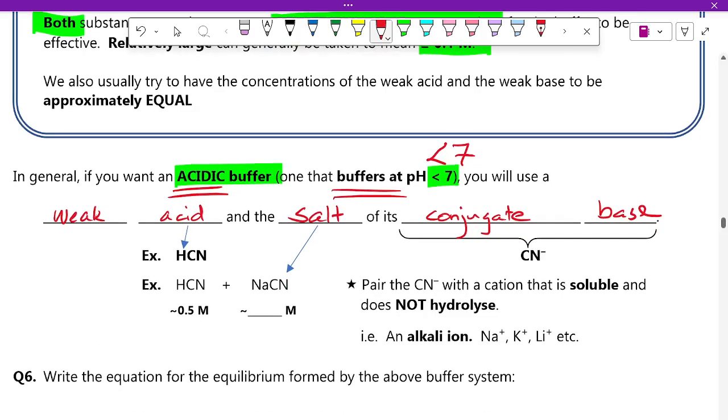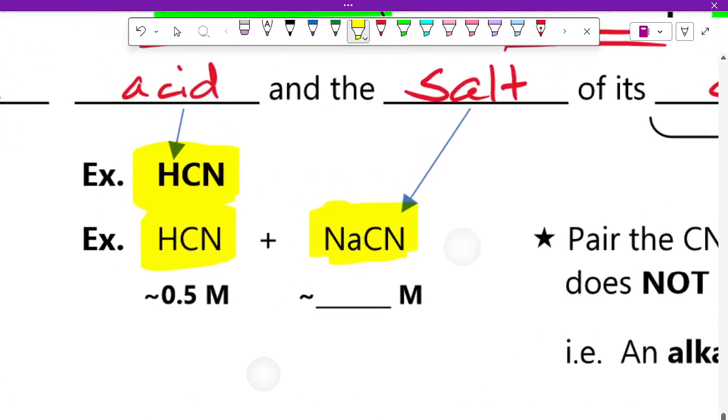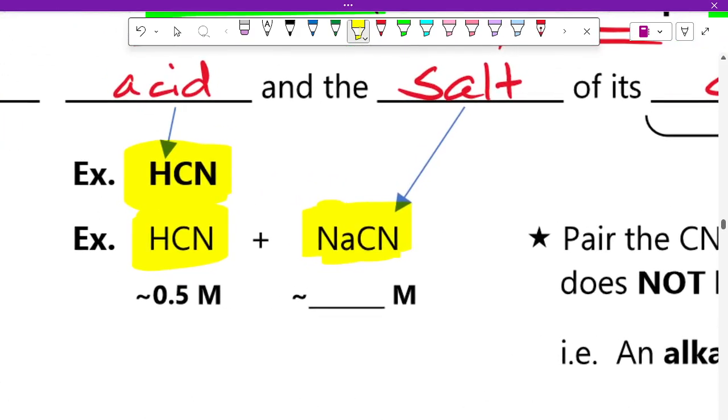So for example, you might take HCN, which is the weak acid. Who is its conjugate base? CN minus. How do we make that a salt? Add an Na to it. So now we have NaCN and we have HCN. And if the HCN is about 0.5 molar, what concentration do we want approximately for the NaCN?